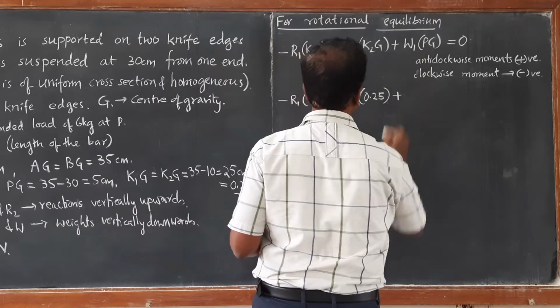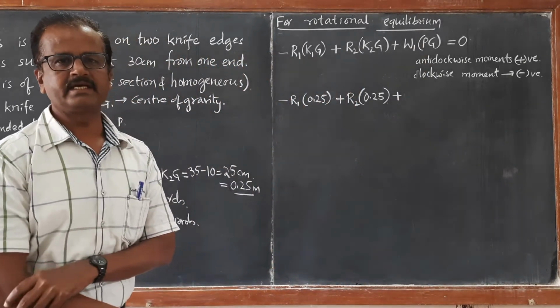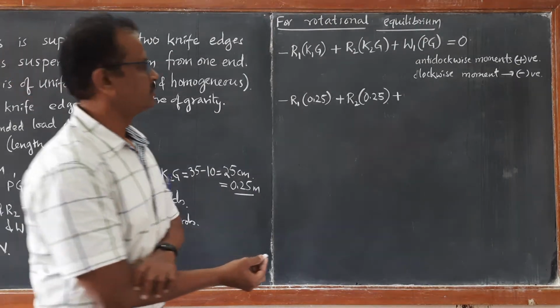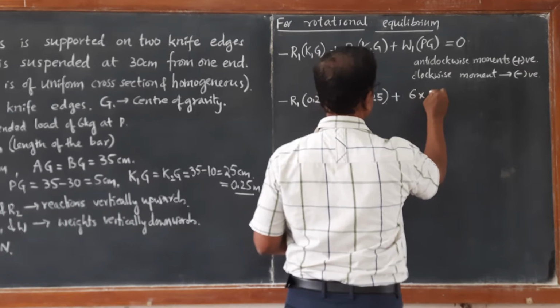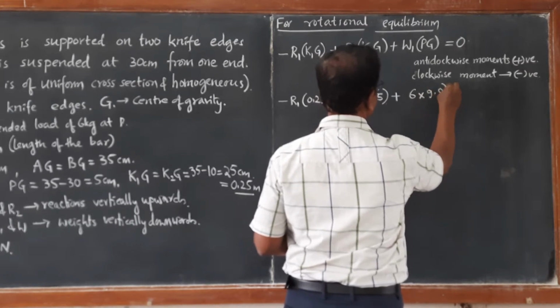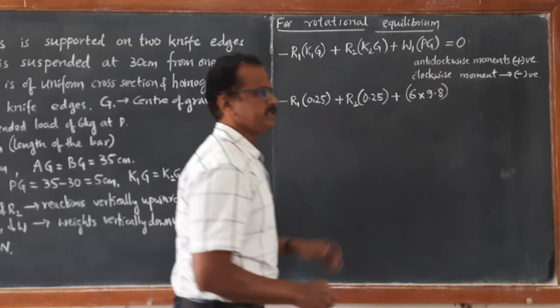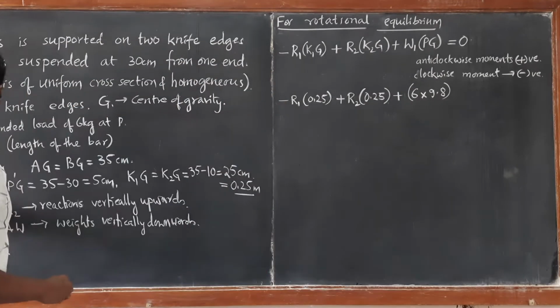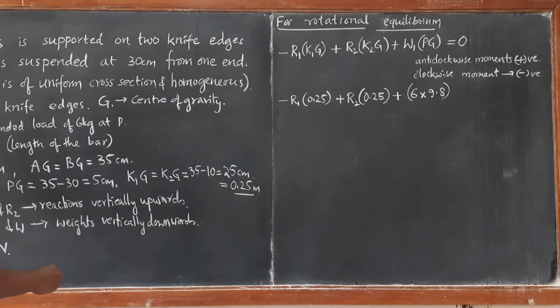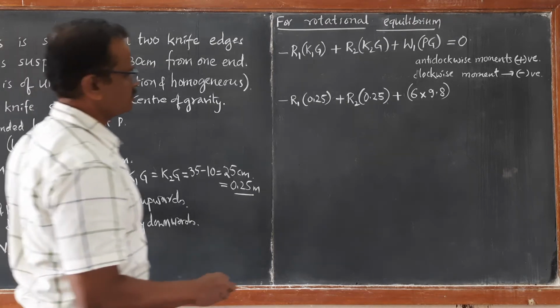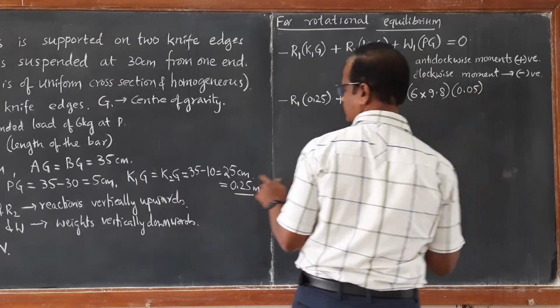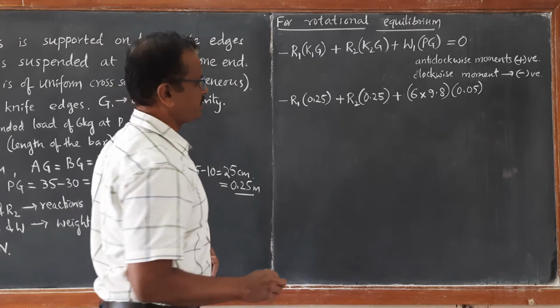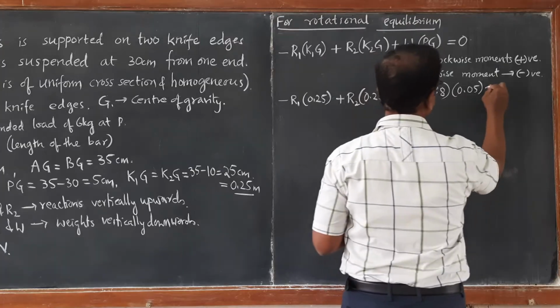Plus W1, we know W1, it is 6 kg force. So 6 kg into acceleration due to gravity, that is 9.8, into PG. PG is 5 centimeter, which can be written as 0.05 meter. That's equal to 0.